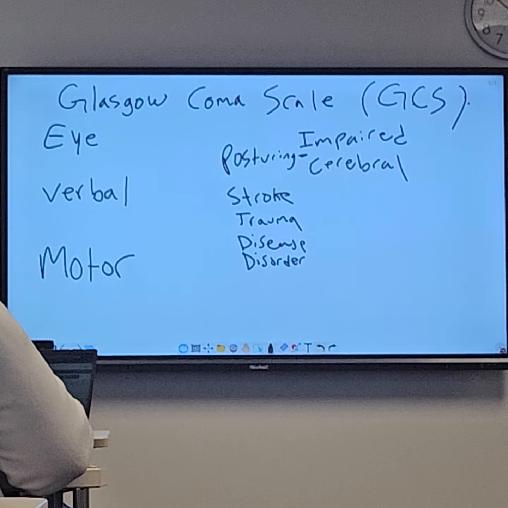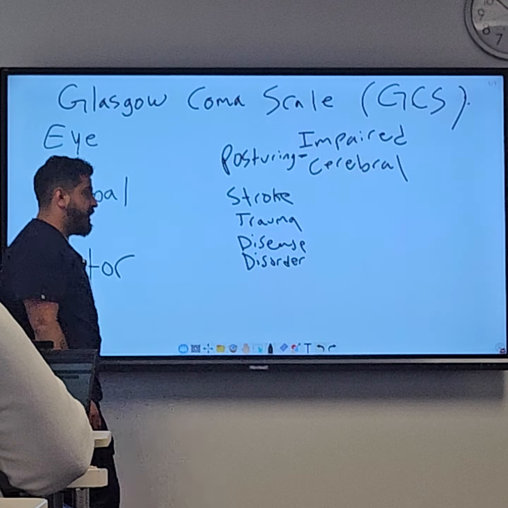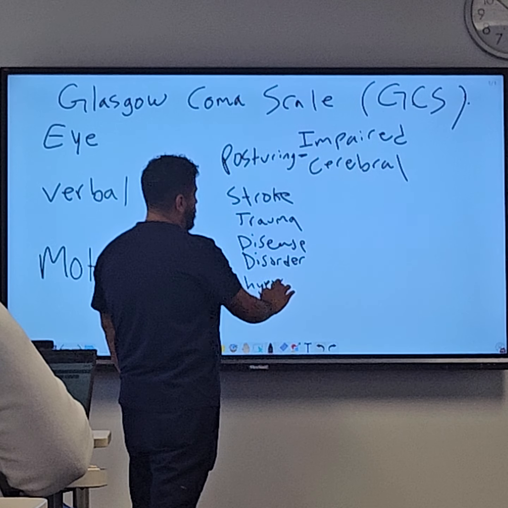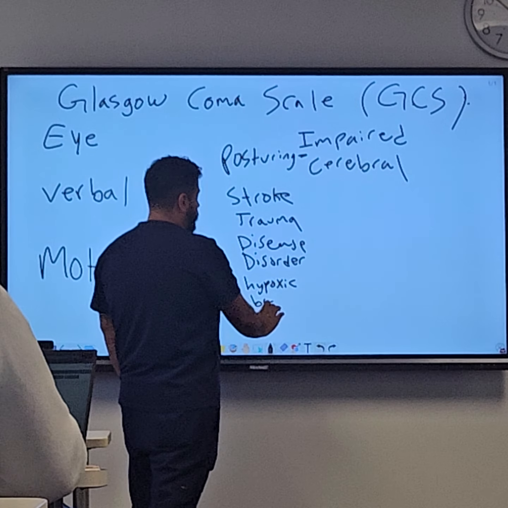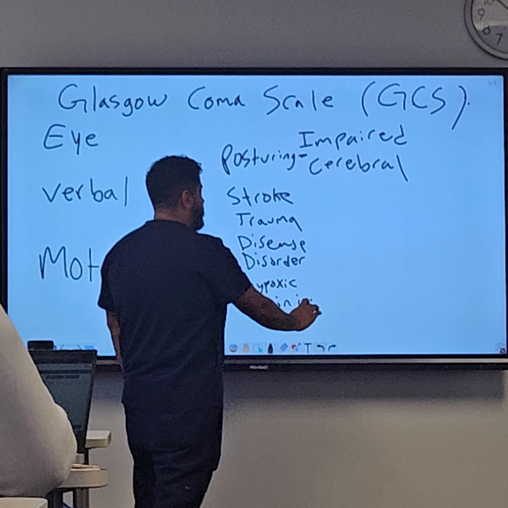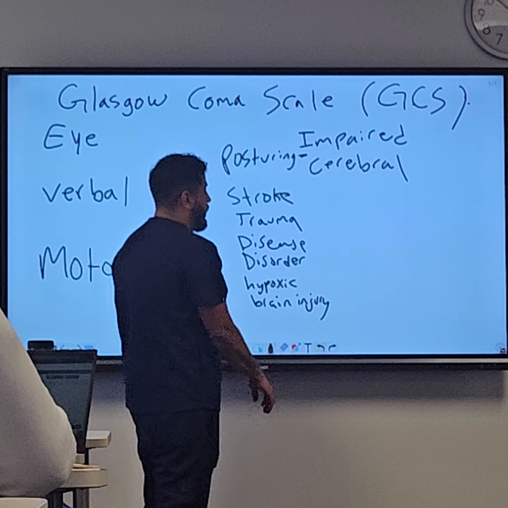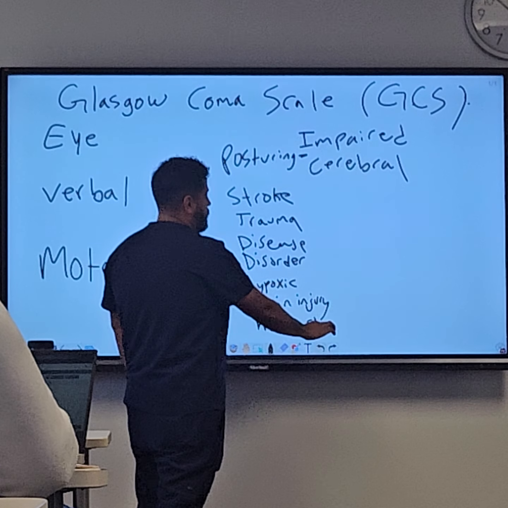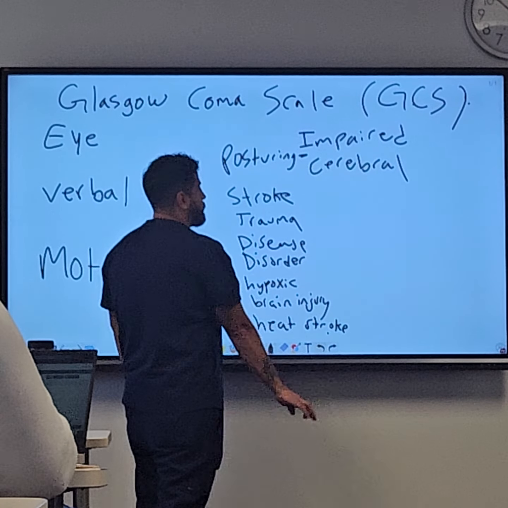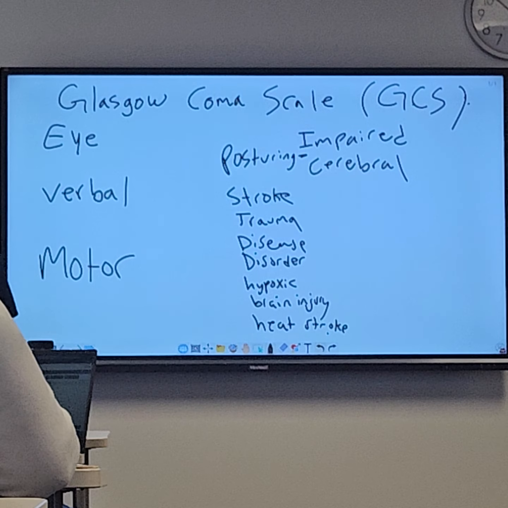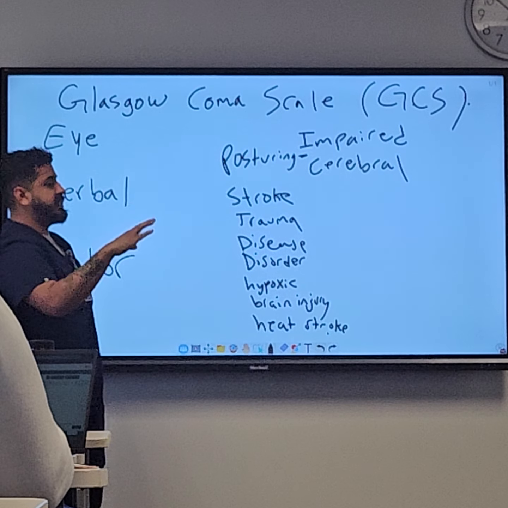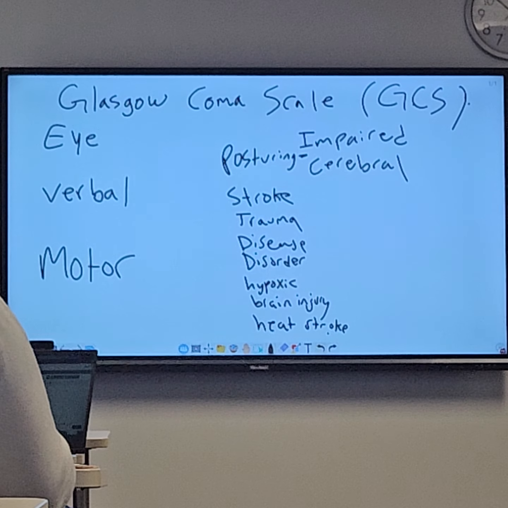People who nearly drown have hypoxemia or a hypoxic brain injury. This means they didn't have enough oxygen for a while. Kids with heat stroke. So it's due to brain injury, again, lack of brain function. Whatever caused it, there's a number of reasons.